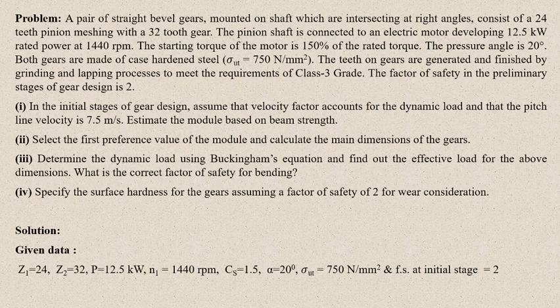Now come to the problem. A pair of straight bevel gears mounted on shafts which are intersecting at right angle consists of a 24 teeth pinion meshing with a 32 tooth gear. The pinion shaft is connected to an electric motor developing 12.5 kilowatt rated power at 1440 rpm.